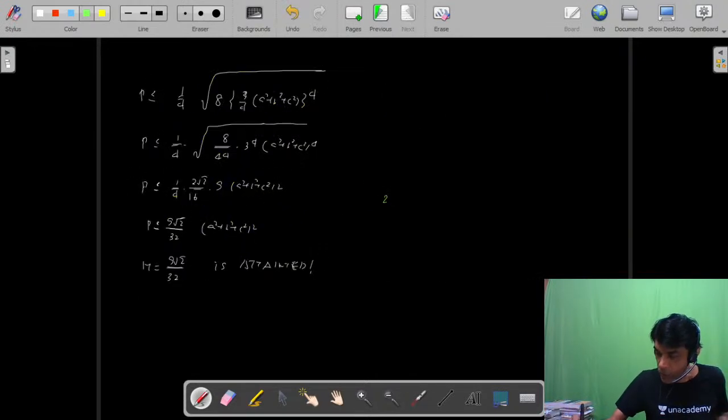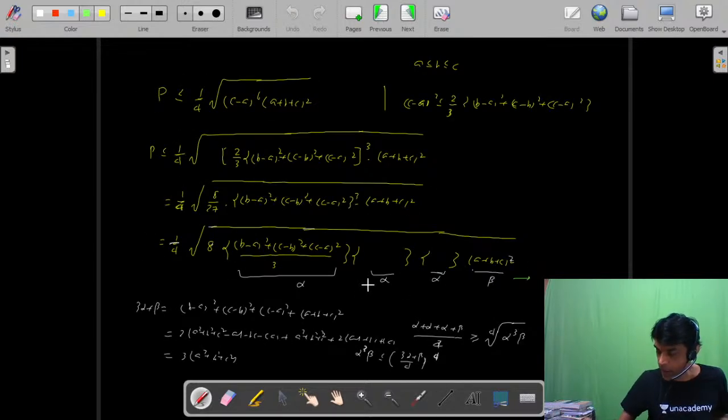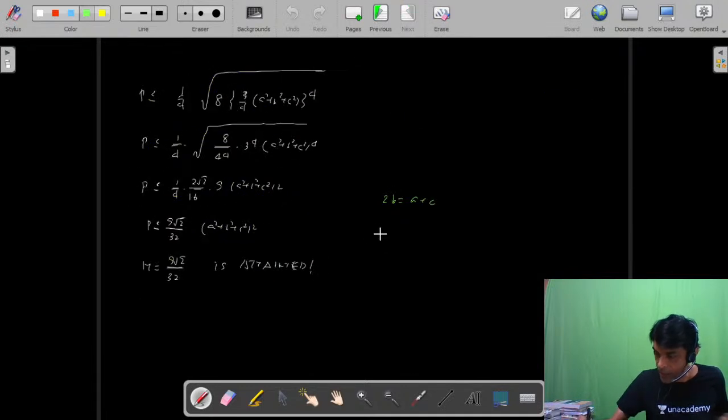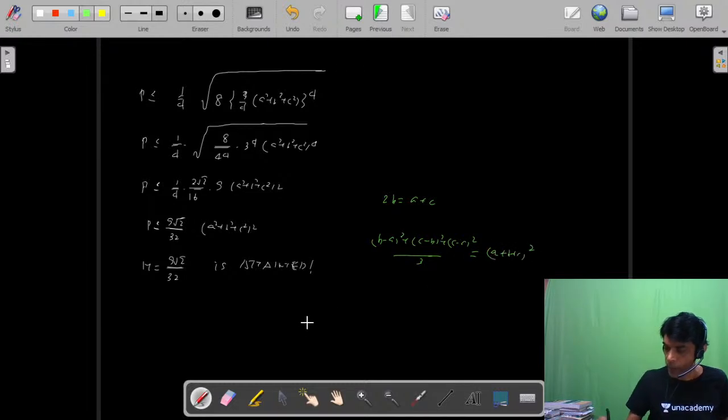The condition of equality was 2b equal to a plus c, and also when this big thing, this alpha, that is b minus a squared plus c minus b squared plus c minus a squared over 3, equals a plus b plus c whole squared. I can of course put 2b is a plus c.